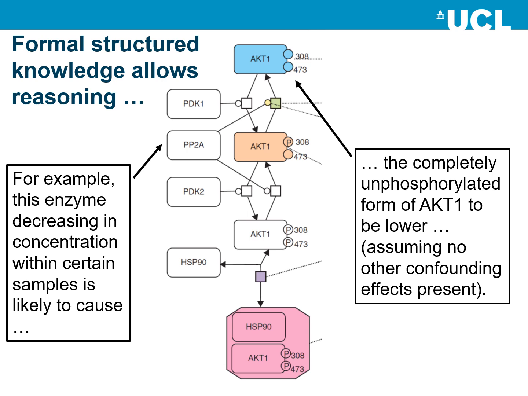And it's that sort of automatic reasoning that would be useful to be carried out, because the pathways are now thousands of molecules and it's difficult to do human reasoning on them, particularly with the large amounts of omics data as well.